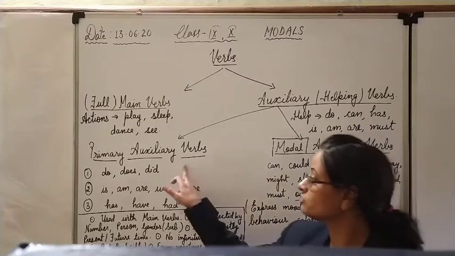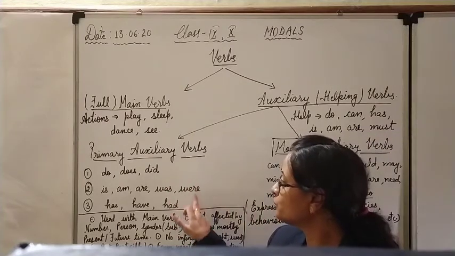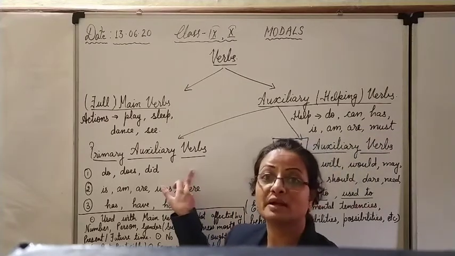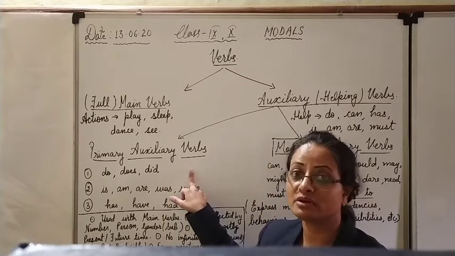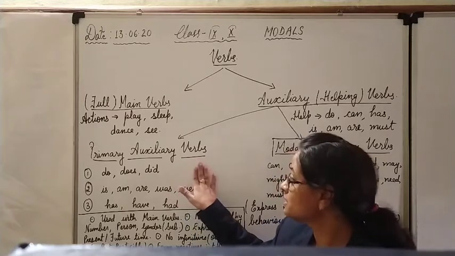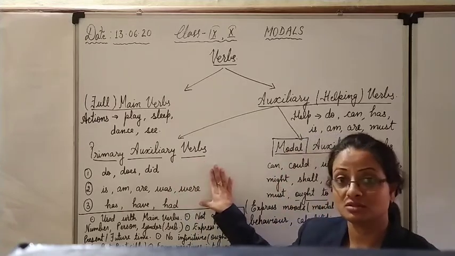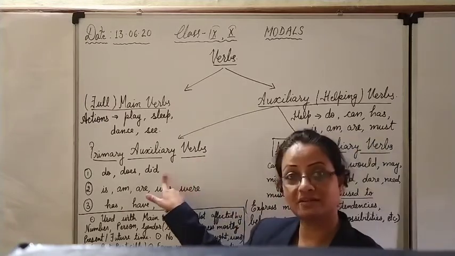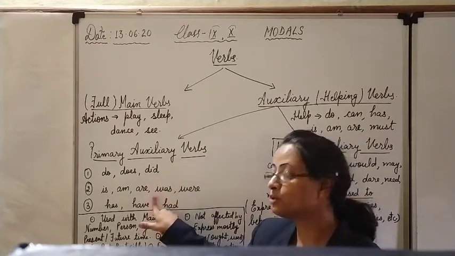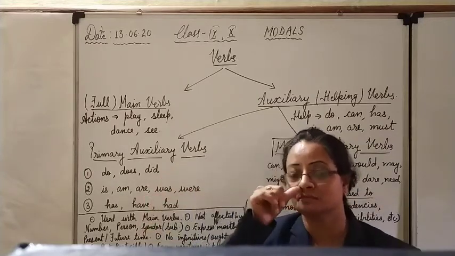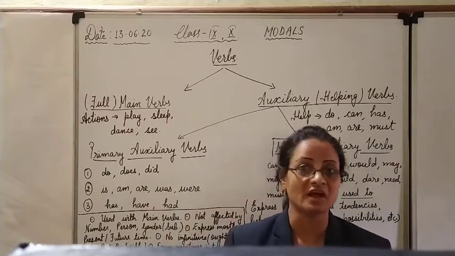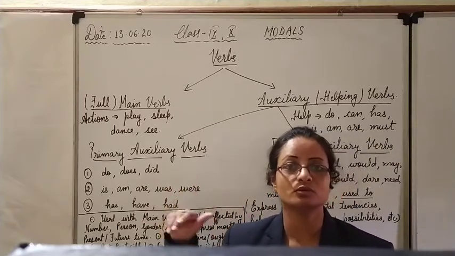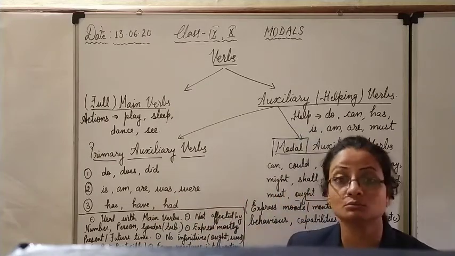Because three groups of these are under primary auxiliary. Clear? We have divided the auxiliaries into primary and modal. So these primary ones are not the modals. Clear? The do group: do, does, did; the has group: has, have, had; and the be group. Be means is, am, are, was, were, forms of be. These three groups do not fall under the category of the modals.